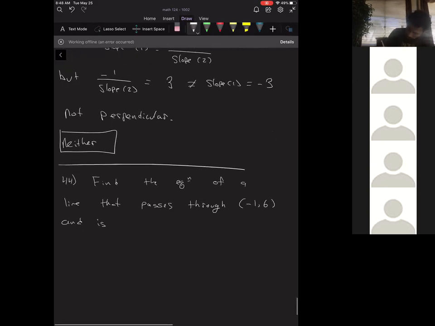So part A is going to be parallel to f of x is equal to 2x plus 9.